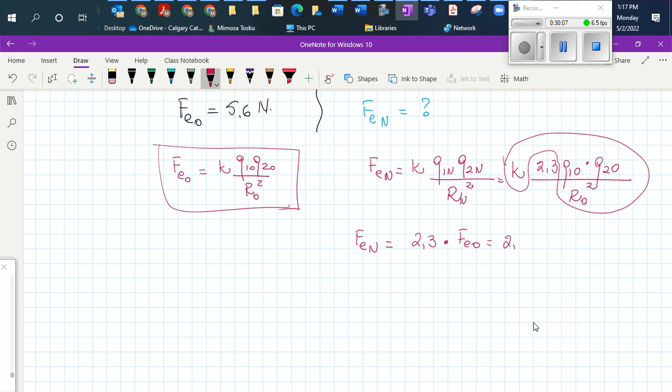So this is the same as saying 2.3 times 5.6.